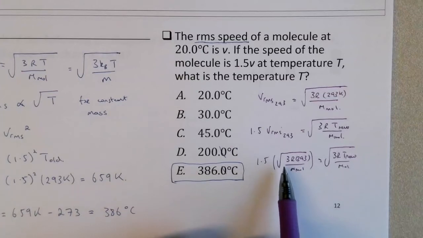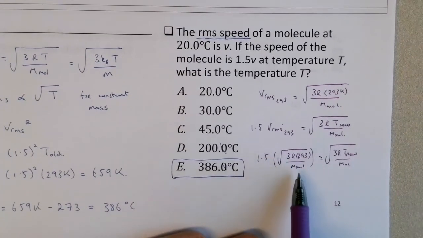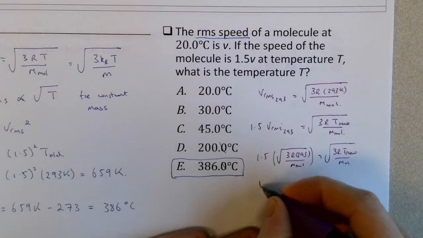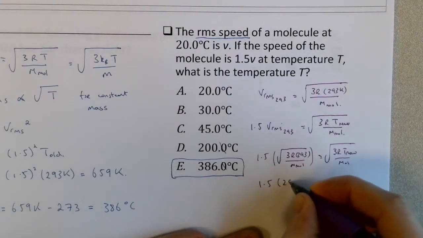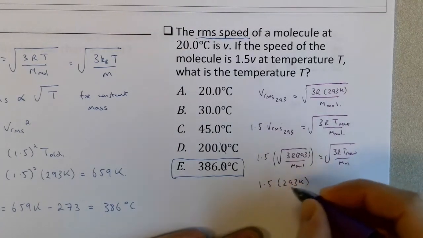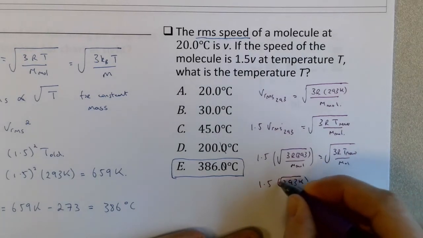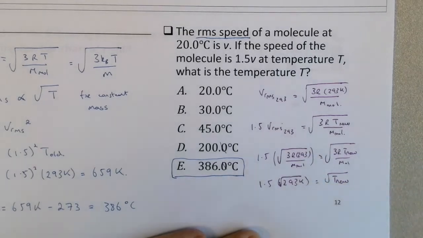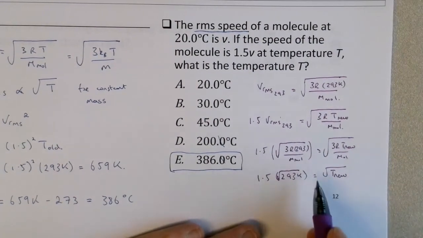And in both equations you have the square root of 3R over the molar mass, and both of those will cancel. So we'd end up at 1.5 times the square root of 293 Kelvin equal to the square root of T new. So to get T new, you'd have to square both sides.